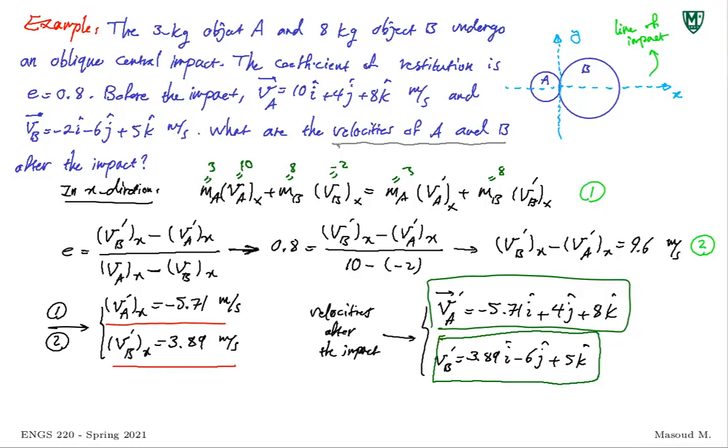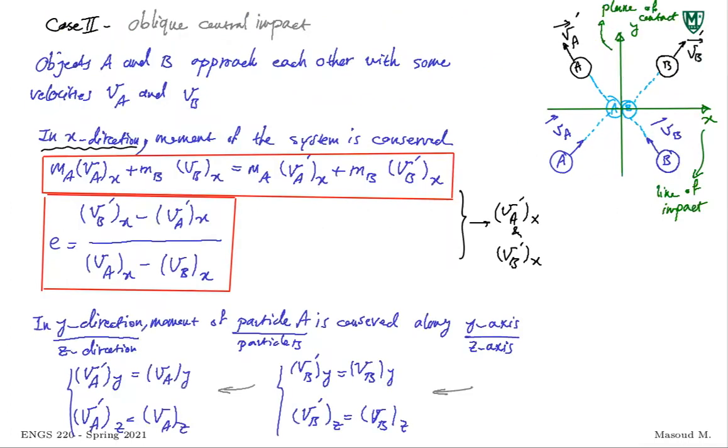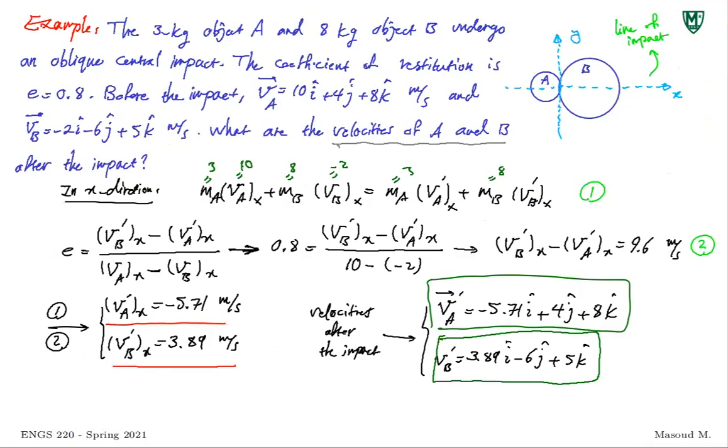You are given the velocity with some magnitude and some angle. What you have is the same. The set of equations doesn't change, but the unknowns might be tricky to identify, or writing the equation might not be as straightforward as this. We'll do an example on that next. Any question on this one before I move on?